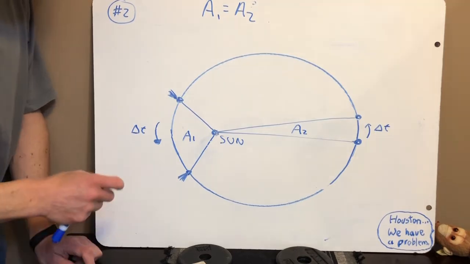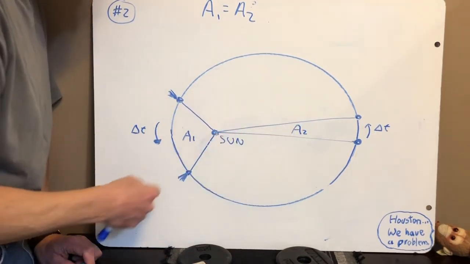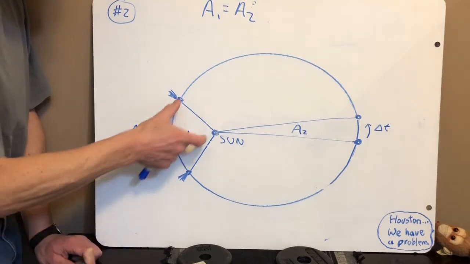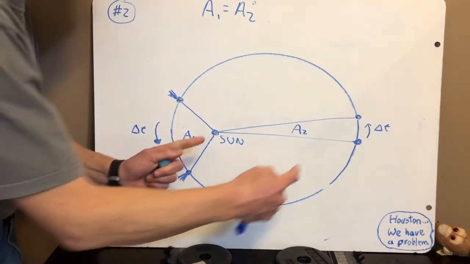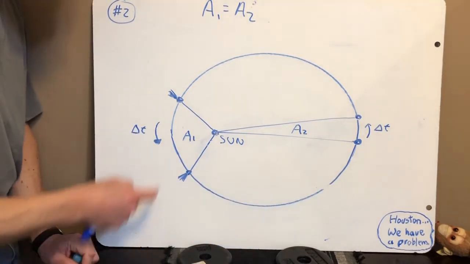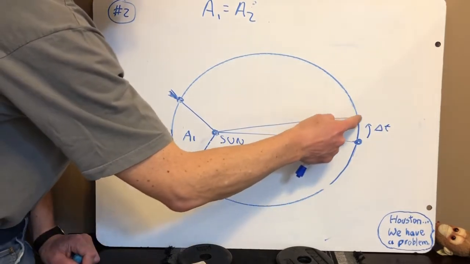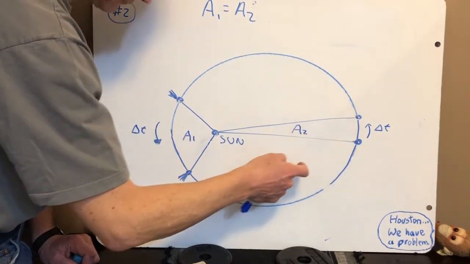Well, if you think about it, if these two areas are going to be equal, and these distances are way shorter than these distances, that of course means this distance has got to be much bigger than this distance.